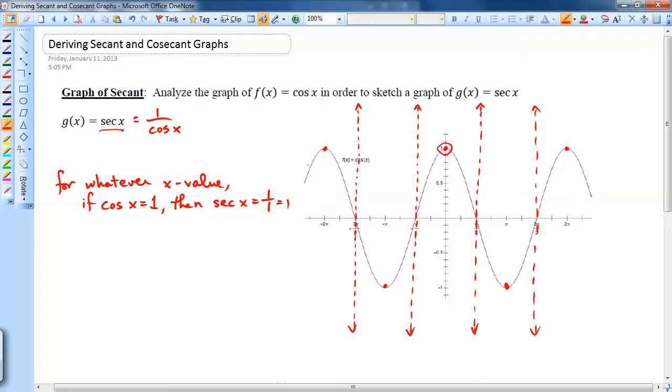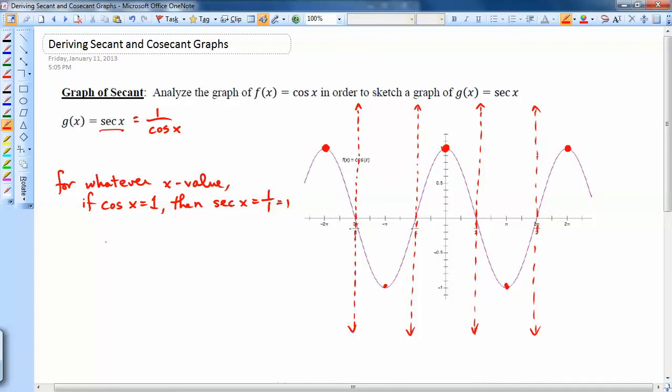So anywhere on this graph of cosine that I get a value of 1, secant is also going to have a value of 1. That means all the places that already were 1, these 3 peaks right here, are still going to be on the graph of secant.